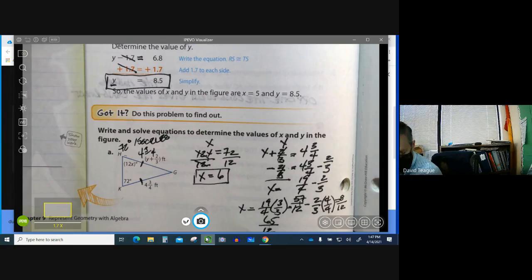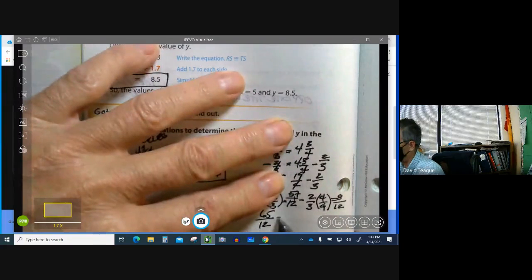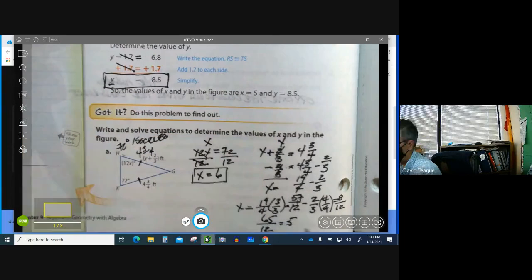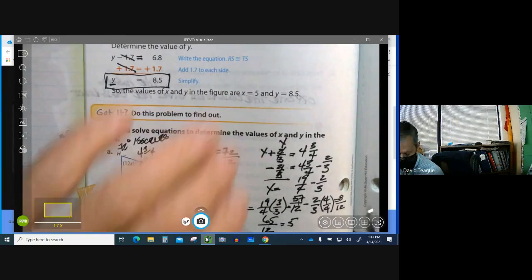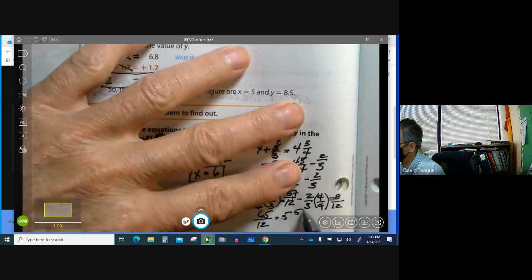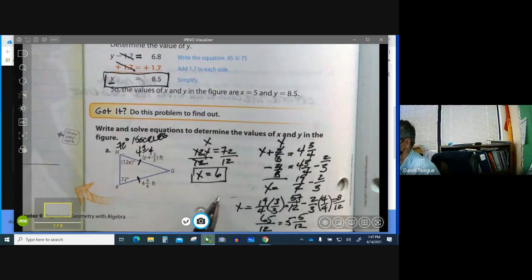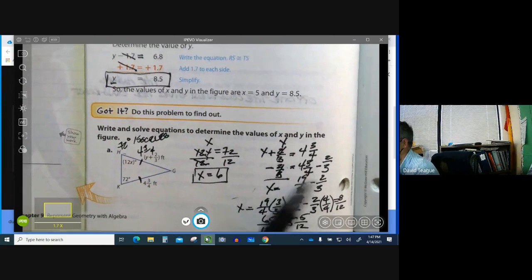So I'm going to just change it into a mixed number. 12 goes into 65, 12 times 5 is 60, so the big number out front becomes a 5, and the remainder left over is 5. So that's 5 5/12. There's a lot of math going on in there, but that's due to the fractions, and they gave us different fractions.